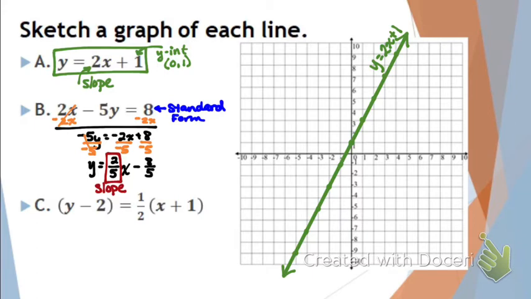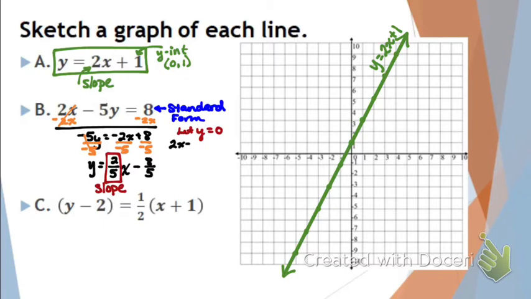The x-intercept. How do we find the x-intercept? Put 0 in for y. I'm going to go back to the original and put 0 in for y in the original one and see what we get. All right, so let y equal 0.